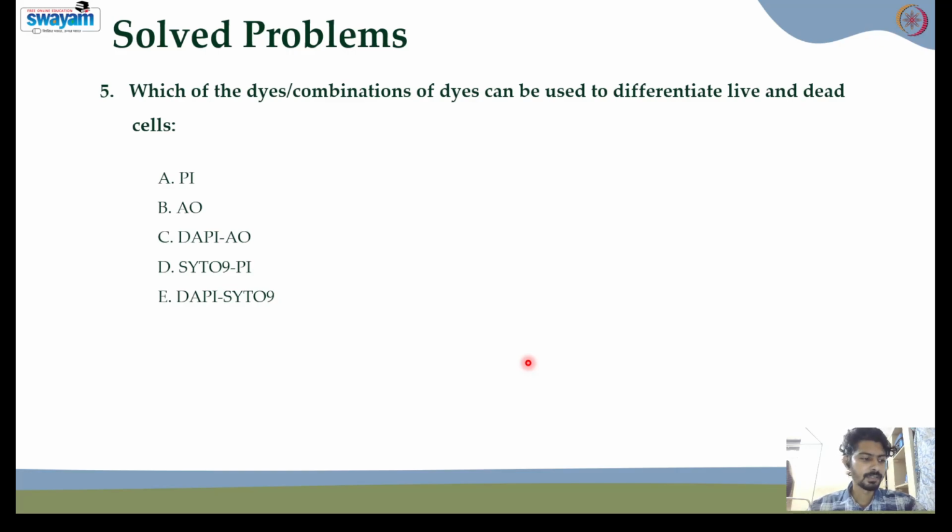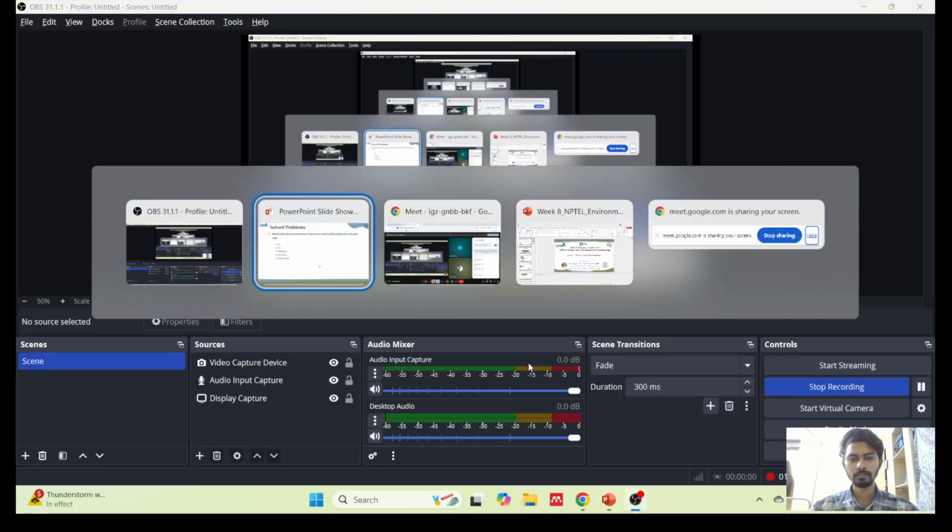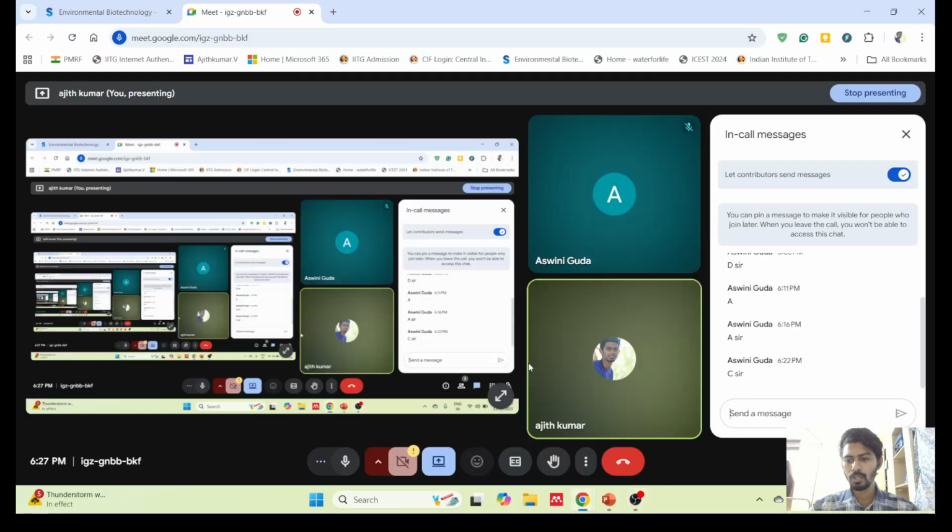You can post your answers. So, which of these dyes or combination of these dyes can be used to differentiate live and dead cells? And your answers are option. Okay.